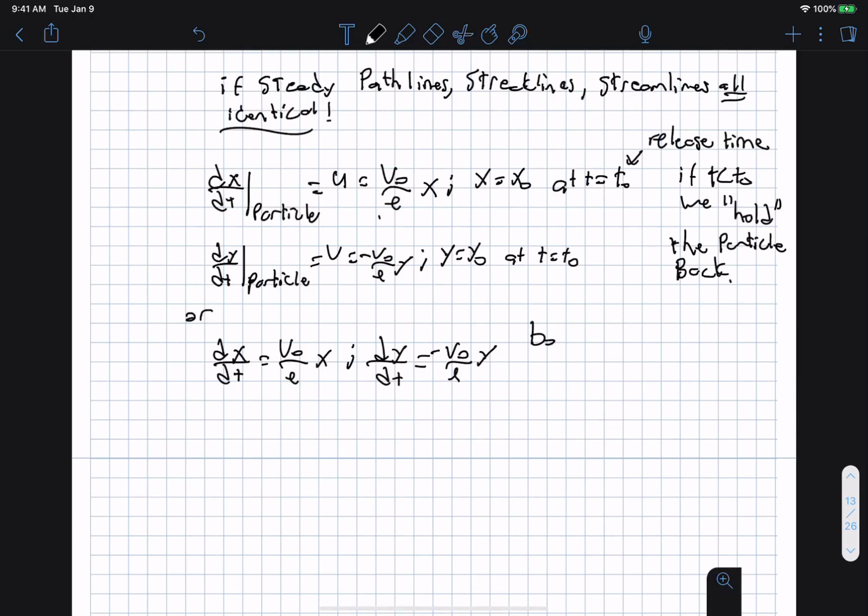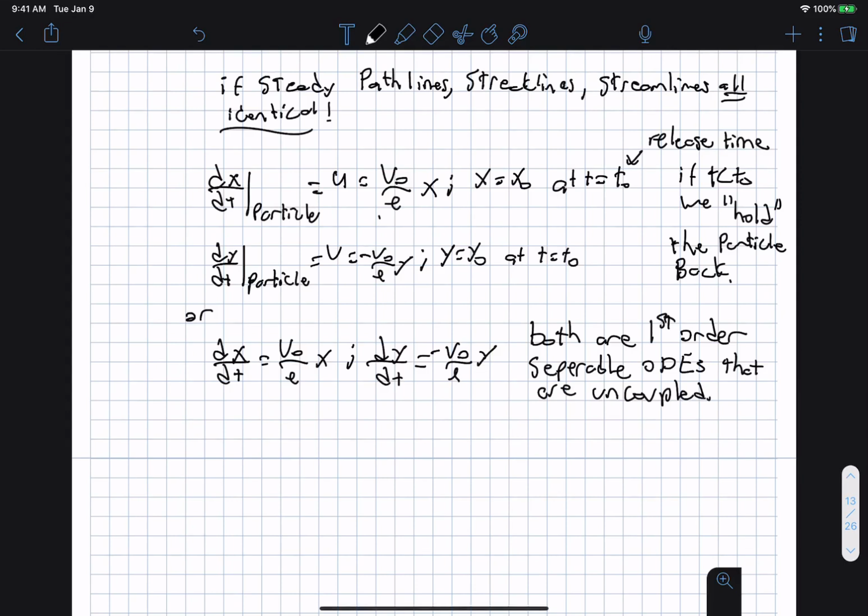Both are first order separable ODEs that are uncoupled. What I mean by uncoupled is that you don't need to solve both of these differential equations together at the same time. You can solve one and then the other; that is, the solution of one does not depend on the other.